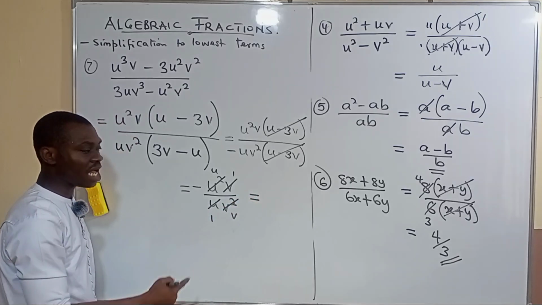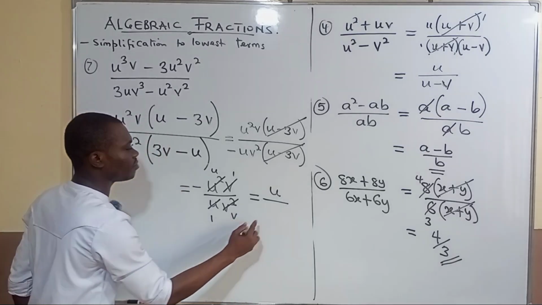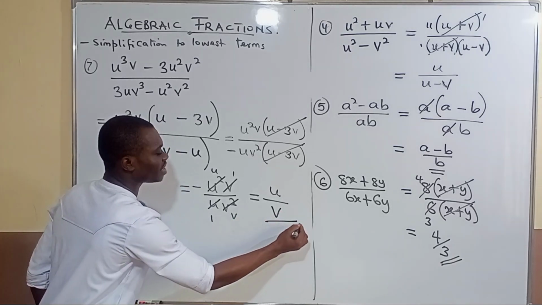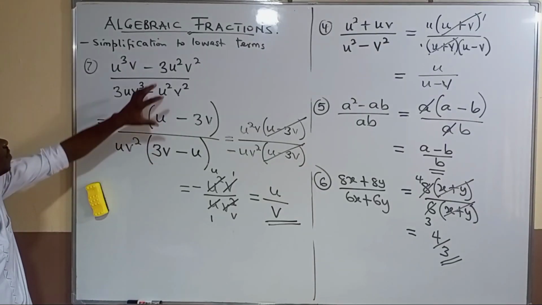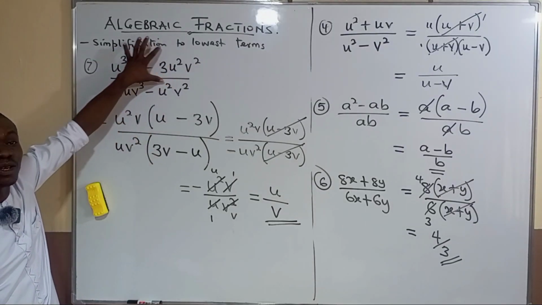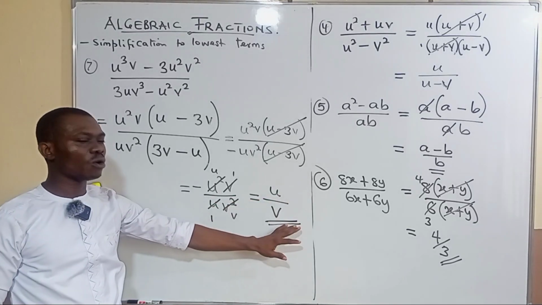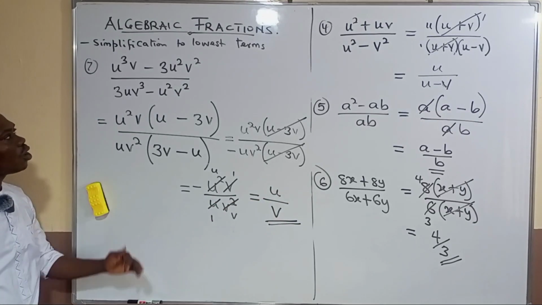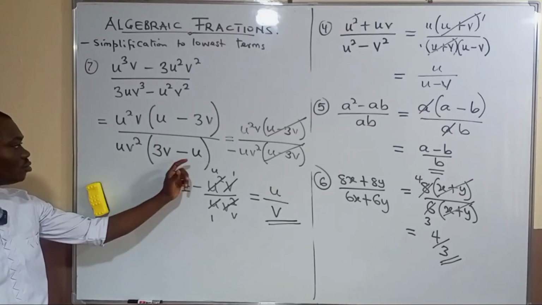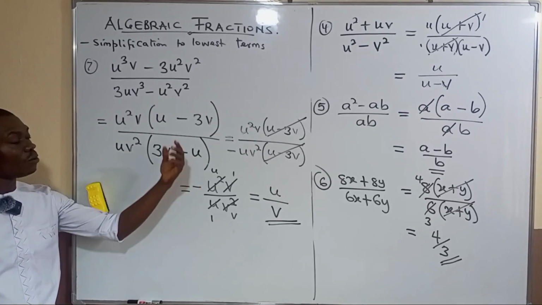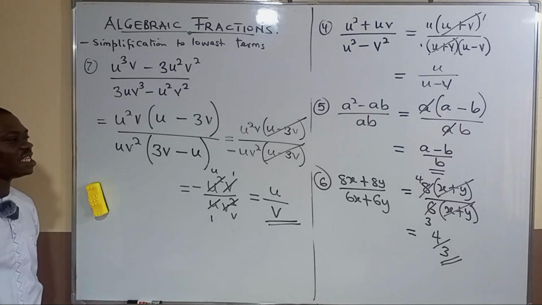So finally we have u times 1 is u, all over 1 times v is v. And that's your solution. So you could see that this big algebraic expression is actually the same as u all over v. All right, so understanding your factorization and how to do this kind of rearrangement will help you go through examples like this very easily.